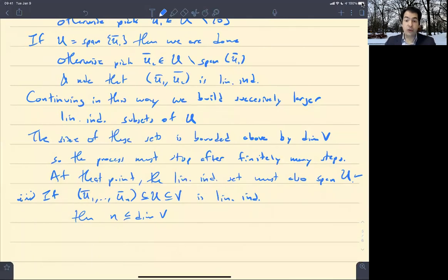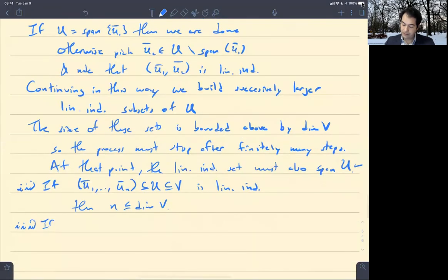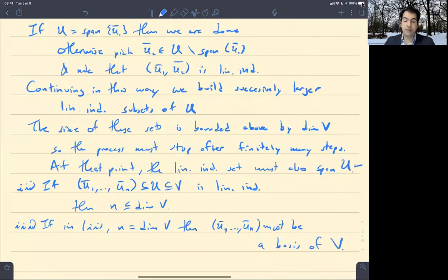So in particular, this is true for any basis of U, it has to have fewer elements than the dimension of V, or as many elements as the dimension of V. And then finally, if in part 2, n is equal to the dimension of V, then this set must be a basis of V. Right? So the basis of U is a basis of V, and so V is the same as U. That's what we wanted to show.